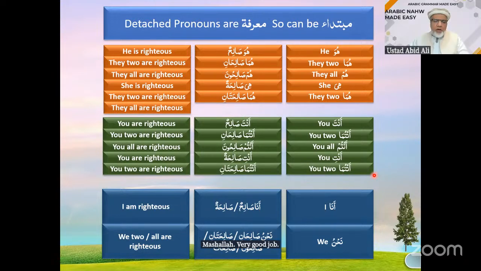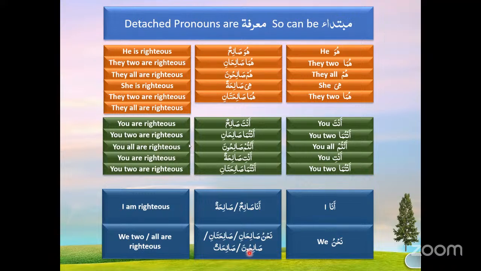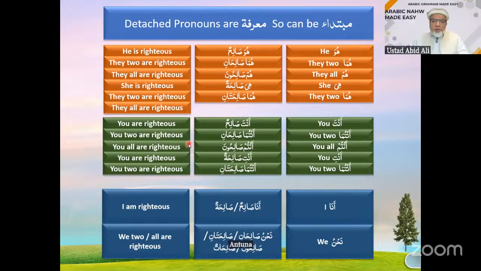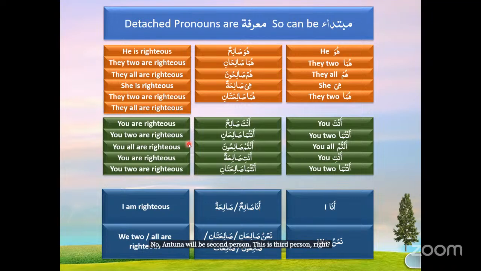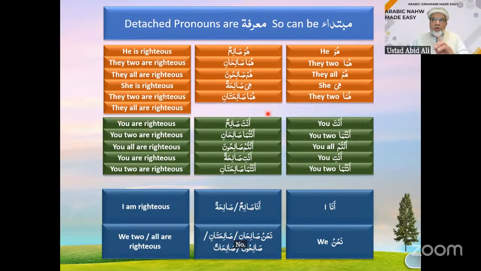Okay. They all are righteous, Brother Ashfaq, feminine. Antunna Salihatun. No, Antunna will be second person. This is third person, right? Oh, sorry. We're not talking about the Ismul Ishara.